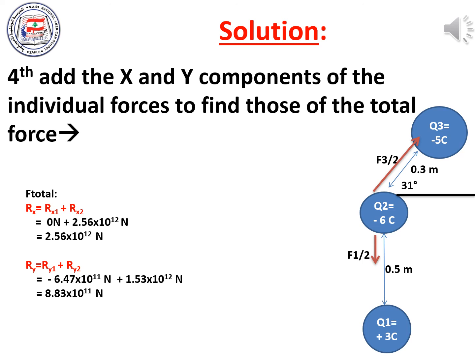And the y component is equal to the y components of force 1 on 2 and force 3 on 2. So it is equal to negative 6.47 times 10 to the power 11 newtons plus 1.53 times 10 to the power 12 newtons. And the answer is 8.83 times 10 to the power 11 newtons. Now we have the x and y components of the total force.